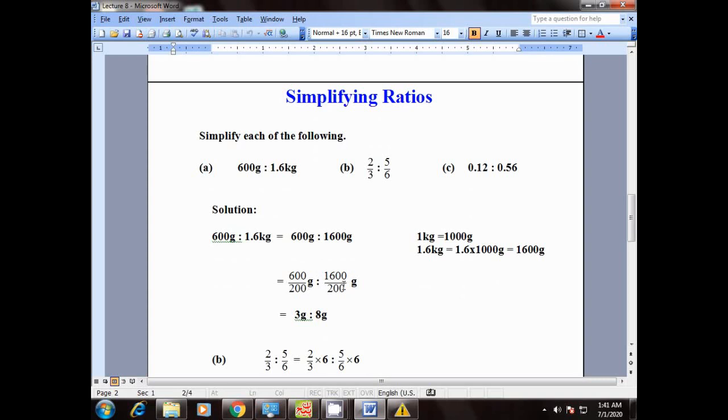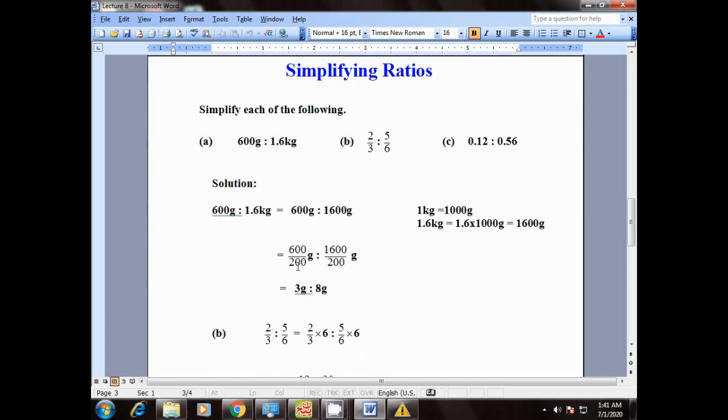Now if we divide this 600 by 200, we know that 200 times 3 is 600, ratio 200 times 8 is 1600. Now this is the simplest form of the given ratio, 600 gram and 1.6 kilogram: 3 gram ratio 8 gram.